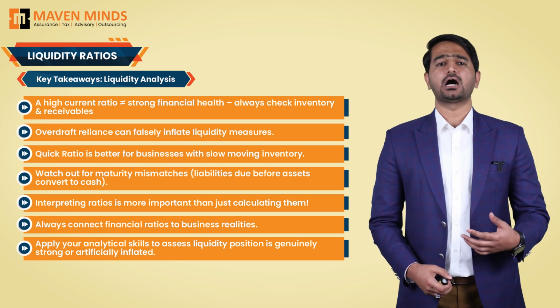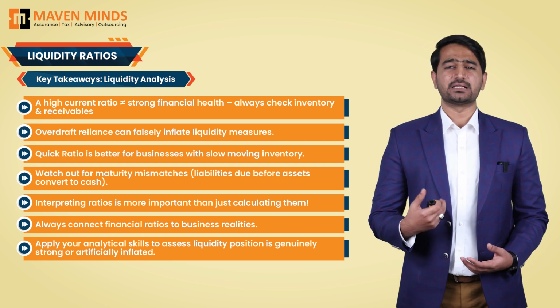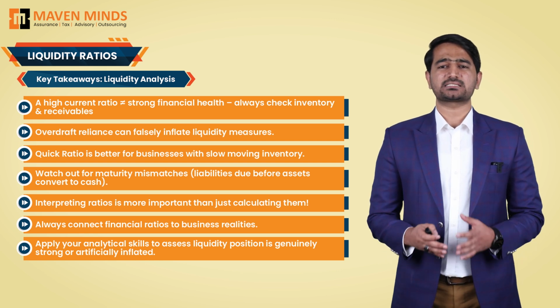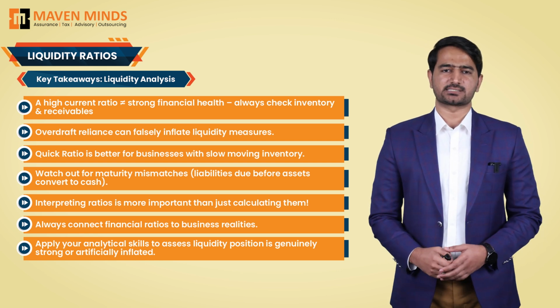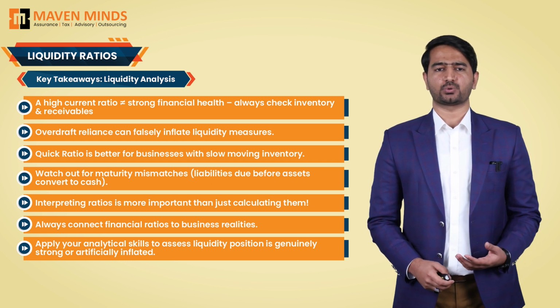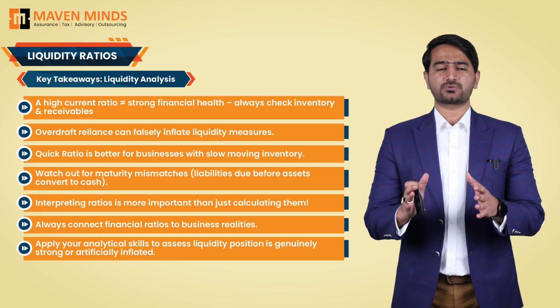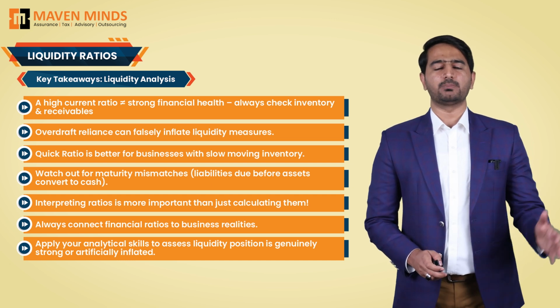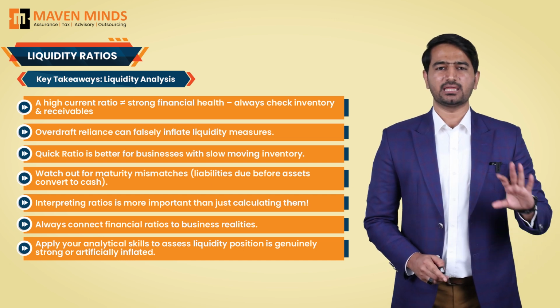And we have seen how inventory levels, receivable days, overdrafts, and maturity mismatch can impact liquidity analysis. We also introduced the acid test or quick ratio, which provides a strict assessment of the company's ability to meet its short-term obligations by excluding inventory.